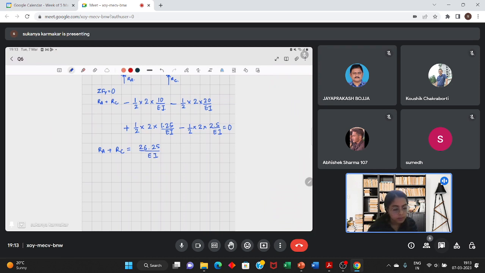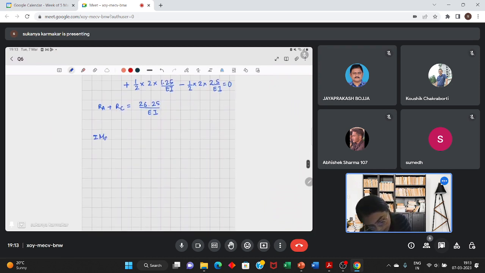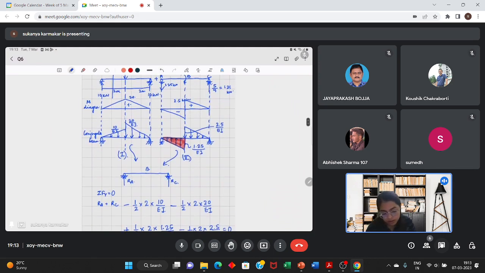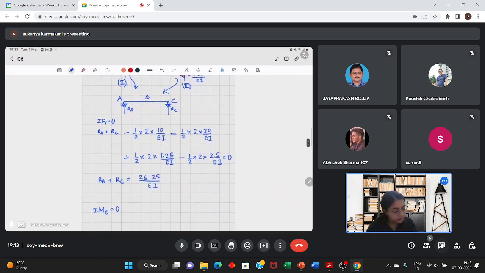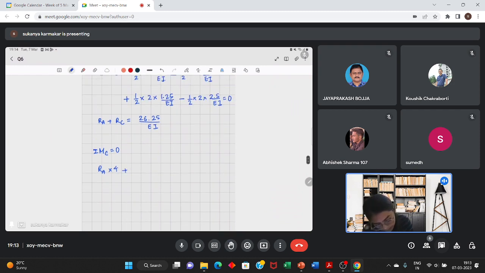This is the first equation. Then you take moment about point C is equal to 0. In this structure, this is C, this is A. You take moment about point C. RA into 4 plus half into 1.25 divided by EI.